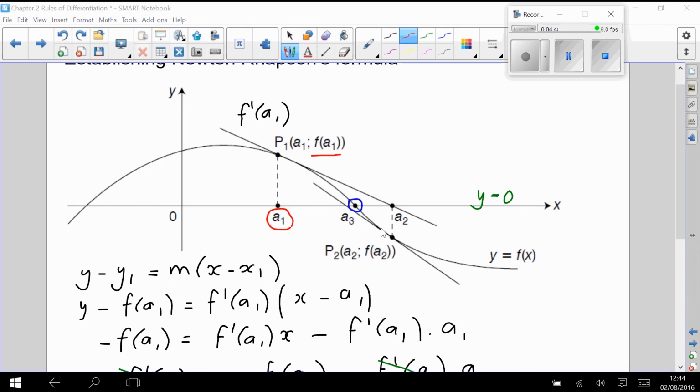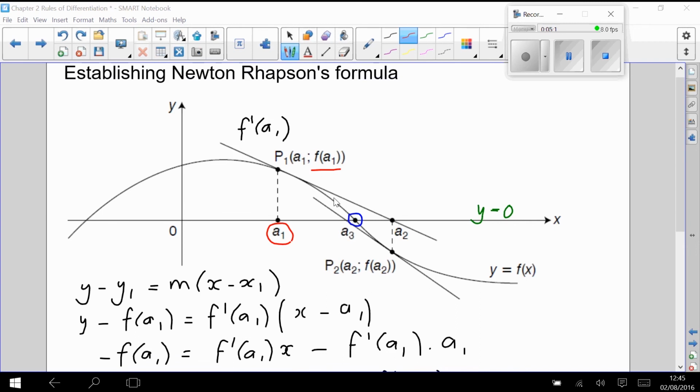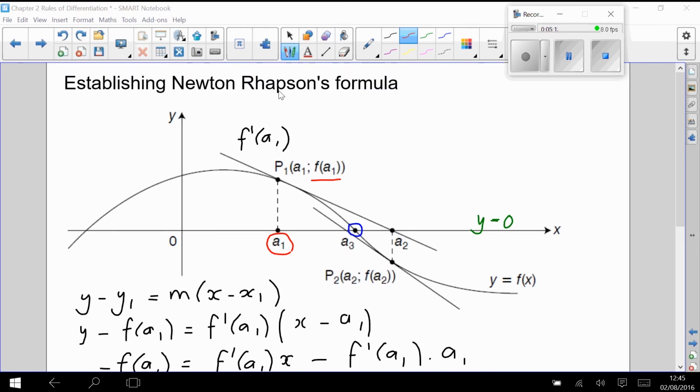Then, using that equation for that tangent, I found my third estimate, went back onto my curve to find the y coordinate and the derivative at a3, and so on and so on. And eventually, I end up with exactly what I should have got for my x-intercept for that curve. So we've developed a fabulous new formula to find an unknown x-intercept, which is called the Newton-Raphson formula.